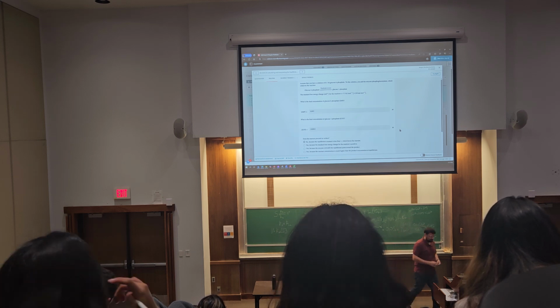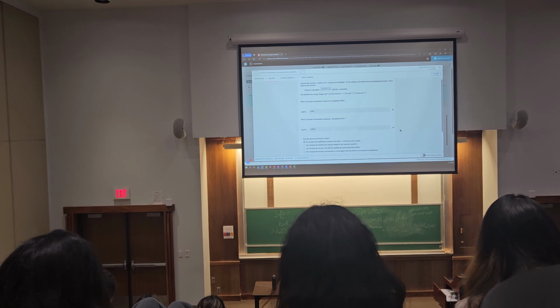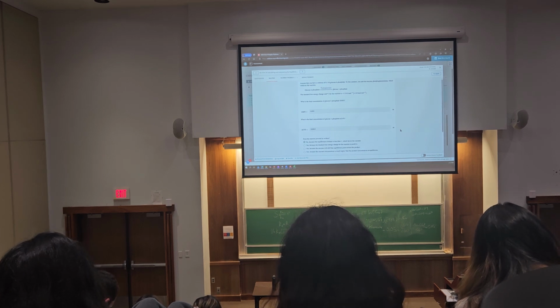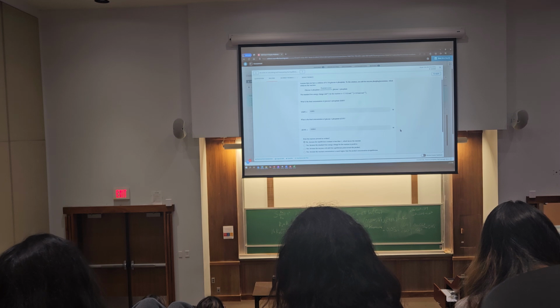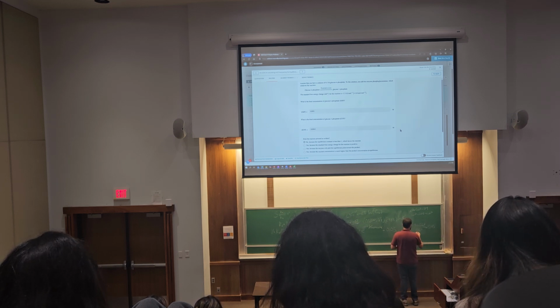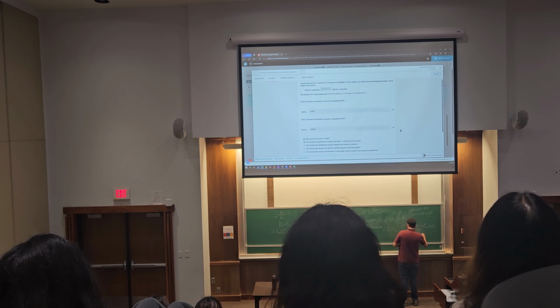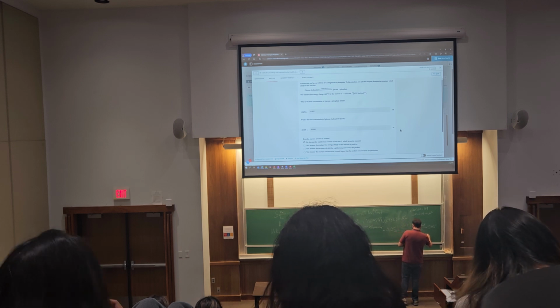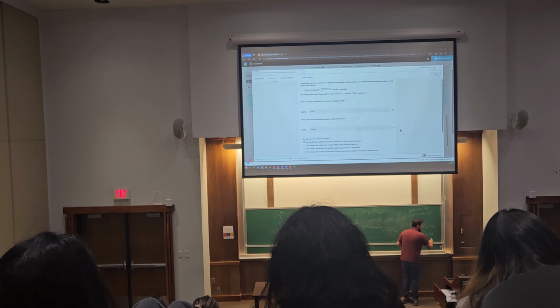So now we can solve for glucose 6-phosphate. In this case it comes out to 0.095 molar.